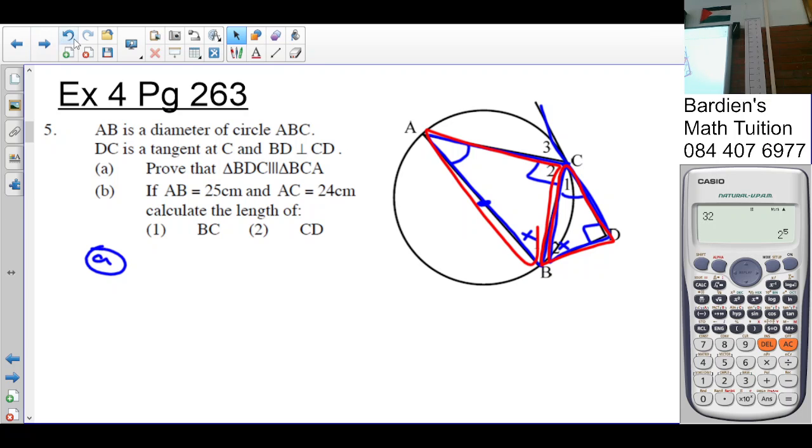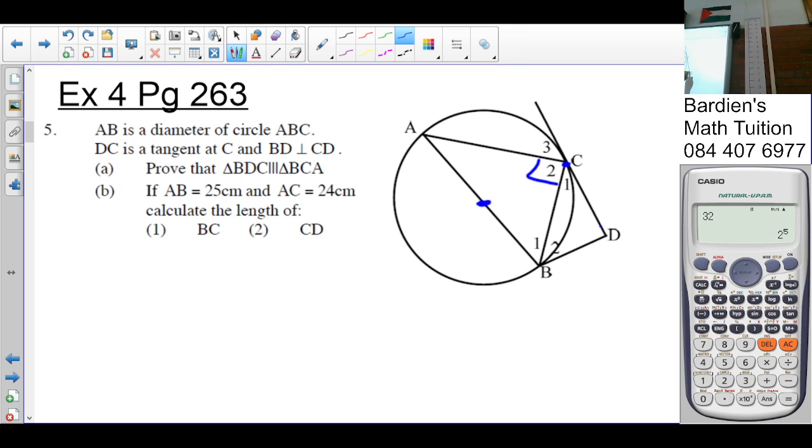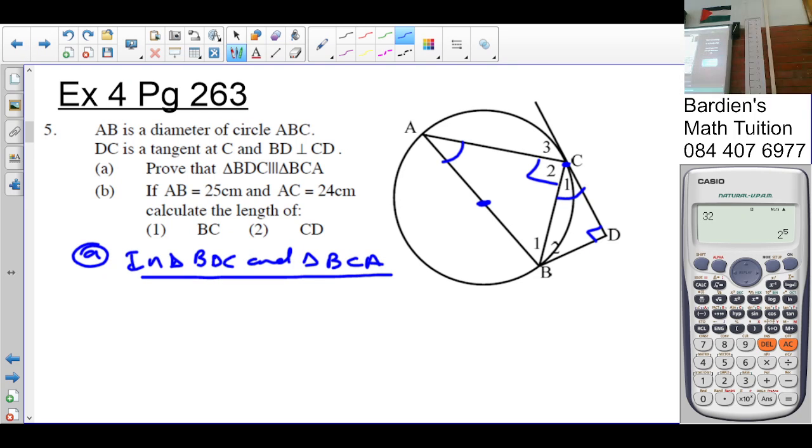So let's go with that. That's what we had, no? So we're going to say in triangle BDC and triangle BCA. Right, what can we say?